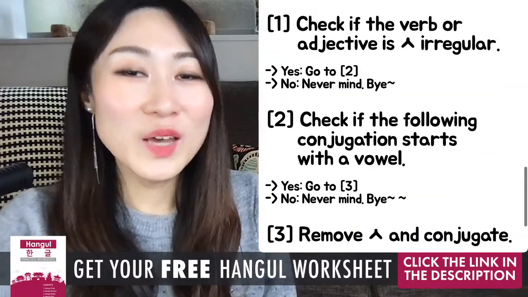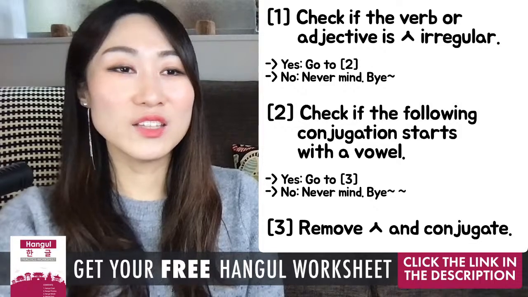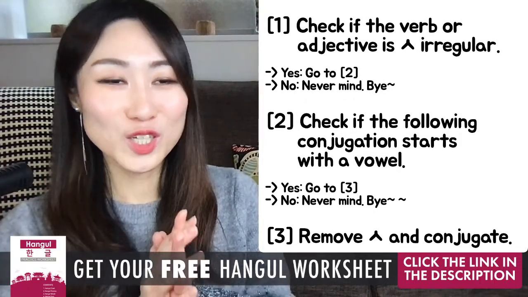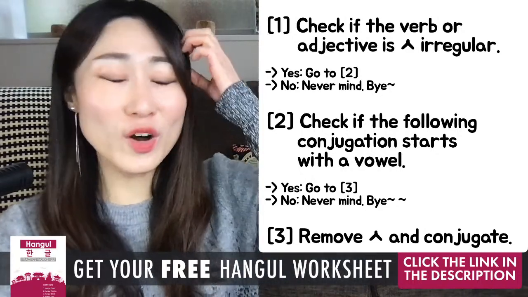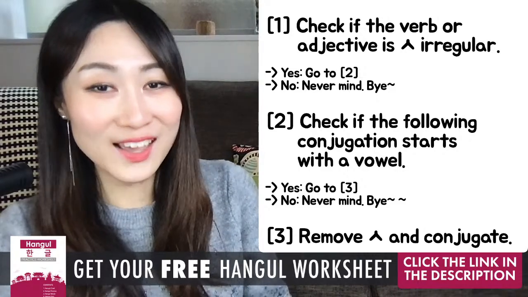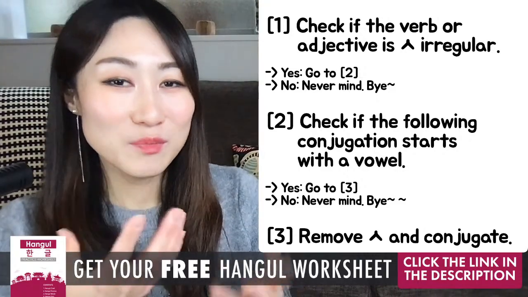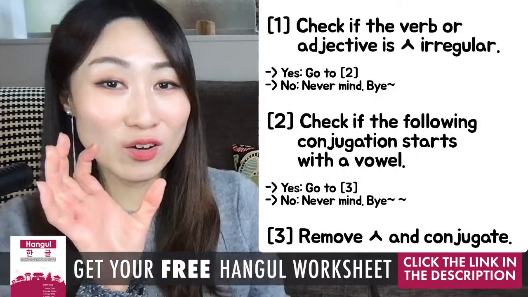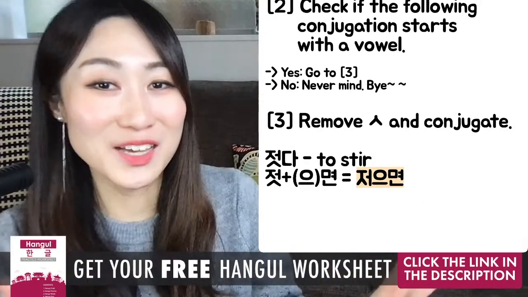And whenever I talk about the irregulars, I talk about this. How do Korean people do these irregulars? Are Korean people so smart that we memorize all these rules and do it? Actually, nope. We say 저으면 so many times in our life.